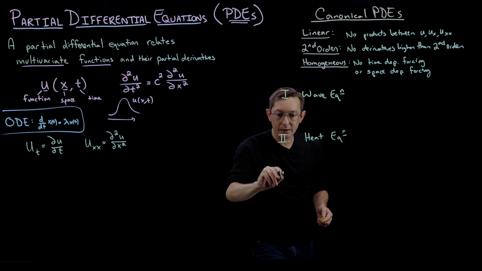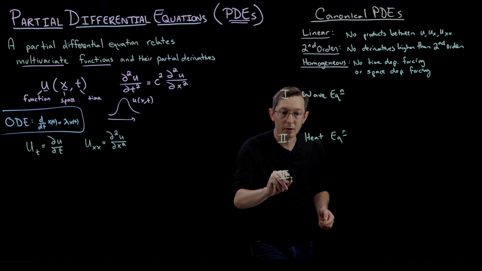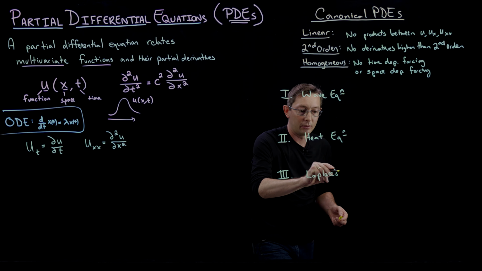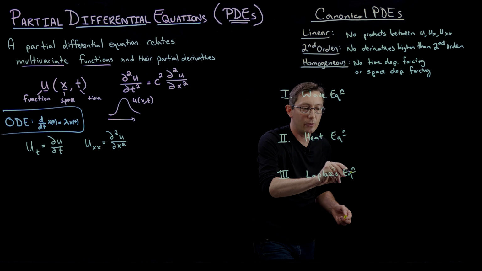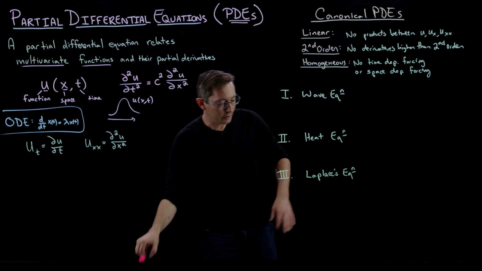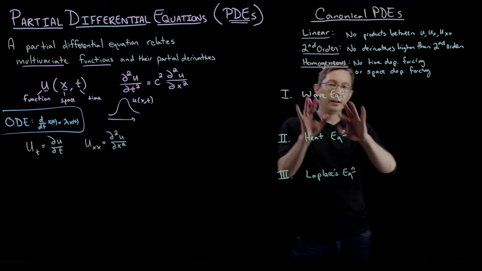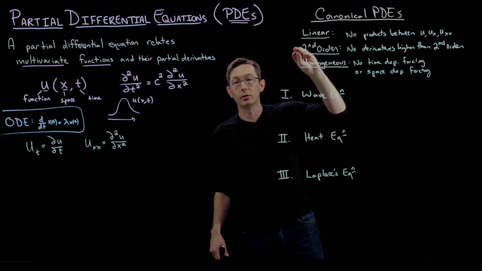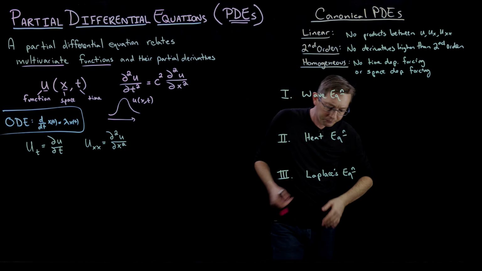And we've already seen before when we looked at potential flow, we have Laplace's equation. Laplace's equation and the heat equation are very, very closely related. So here what I'm going to do is write these down, and then we're going to talk about what their properties are. We're going to confirm that they're linear, second order, homogeneous equations.